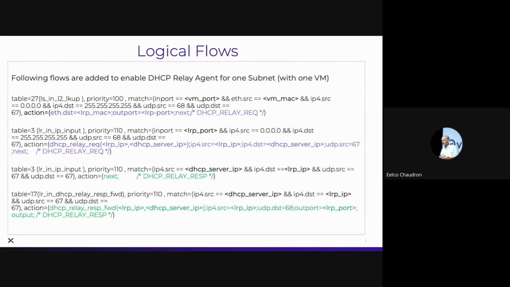The last flow is where we are catching these packets and then redirecting to the ovn-controller, and along with that we are using OVS actions to update L3 and L4 header information, and finally the packet is outputted to the LRP port. That is when the packet enters the logical switch pipeline.